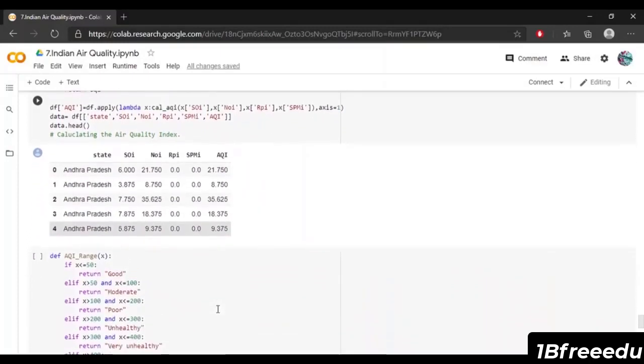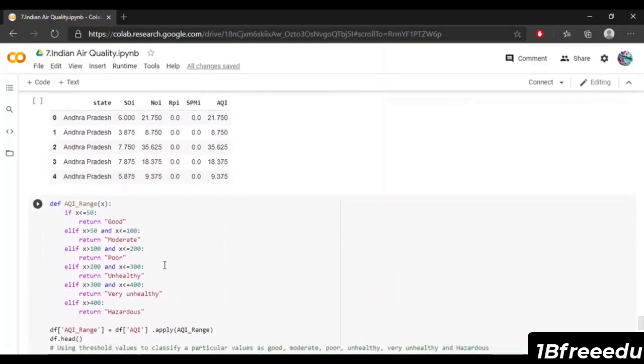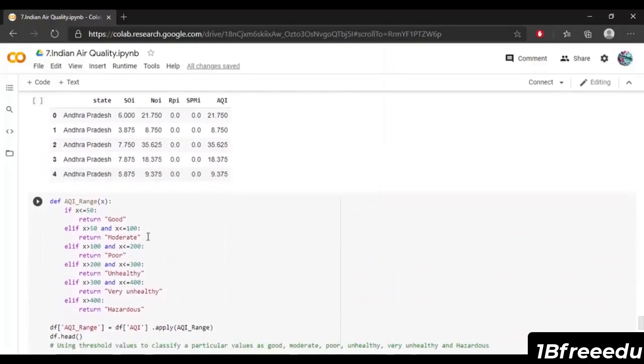What we have done next is that we have used a loop, and we have specified that wherever the value is greater than 50 and less than 100, we have given a label called moderate. And wherever we have values which are less than or equal to 50, we have labeled it as good.